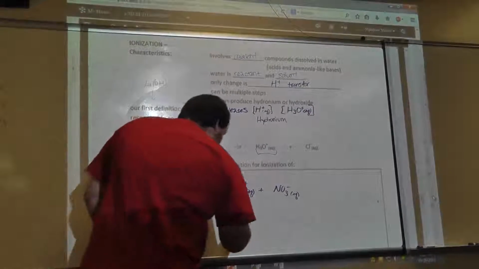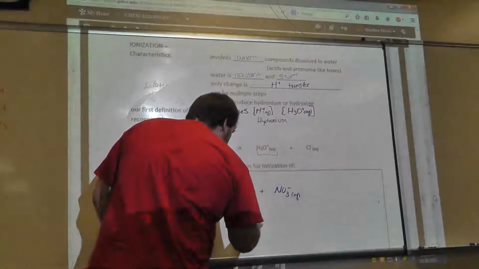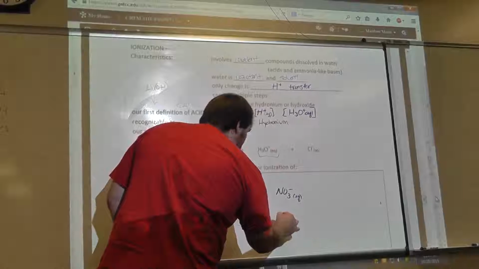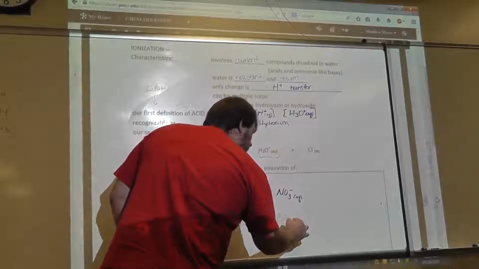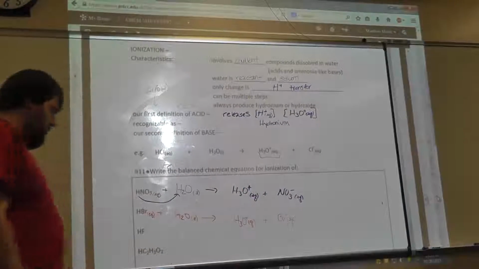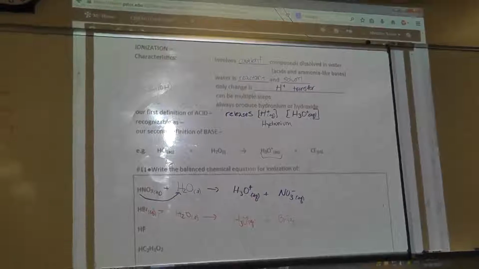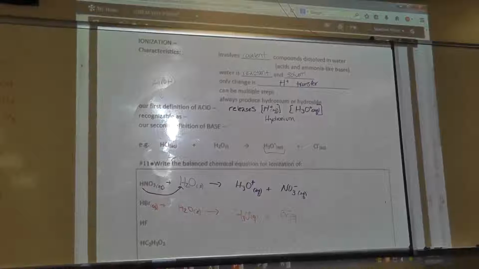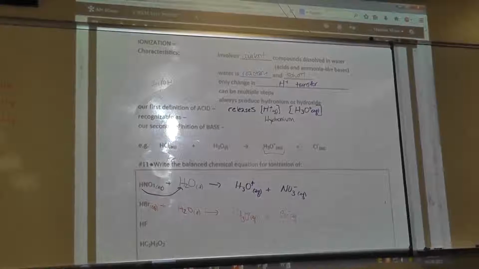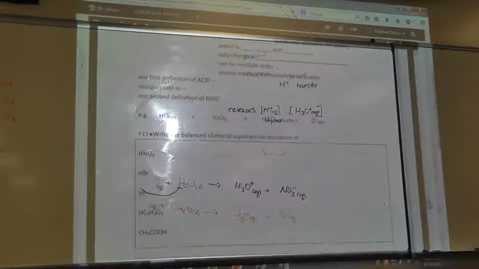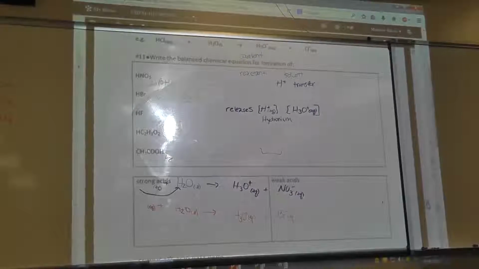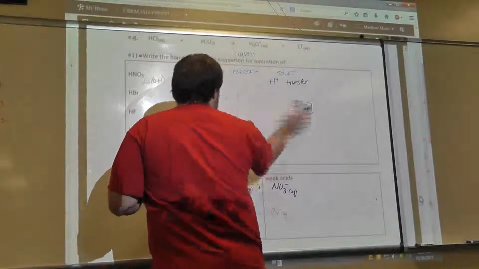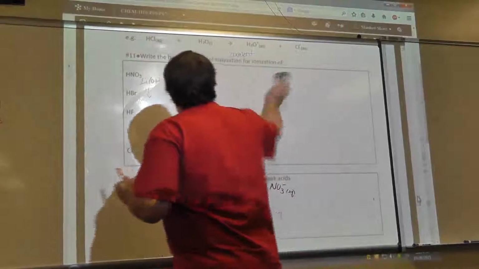So that's going to make hydronium, and the only portion you have left of that is the bromide. I'm actually going to move this up a little bit so you can see both of them.